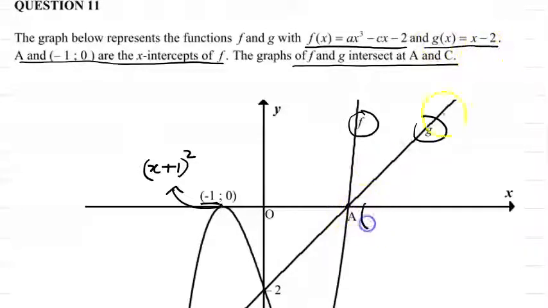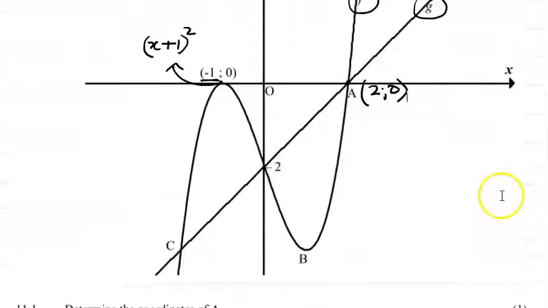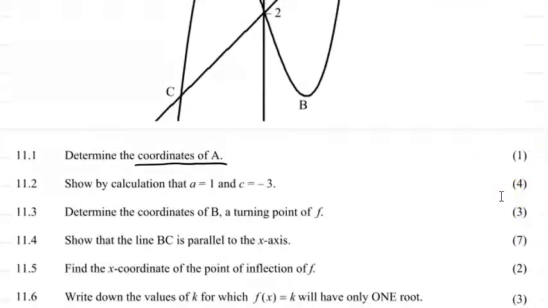Therefore, to find this particular coordinate, all we have to do is take x minus 2 and equate it to 0. Therefore, x equals positive 2. So for A, it's positive 2, 0. Alright, so we can write that solution down for the coordinates of A. The coordinates of A will be 2 and 0.